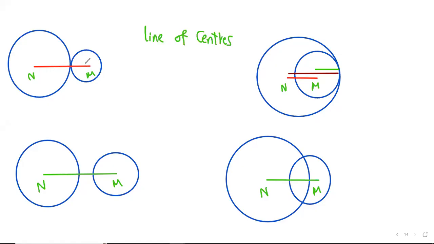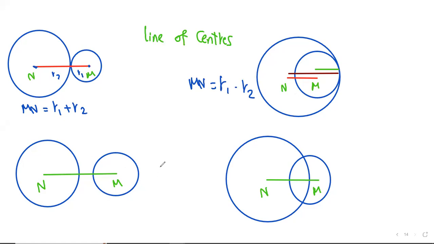If the two circles are touching externally, then MN equals R1 plus R2, the sum. And if the two circles are touching internally, then MN, the line of centers, equals the difference, R1 minus R2.